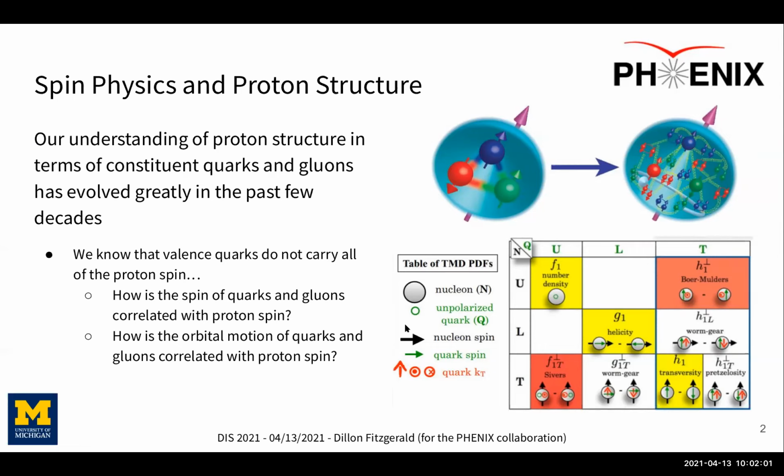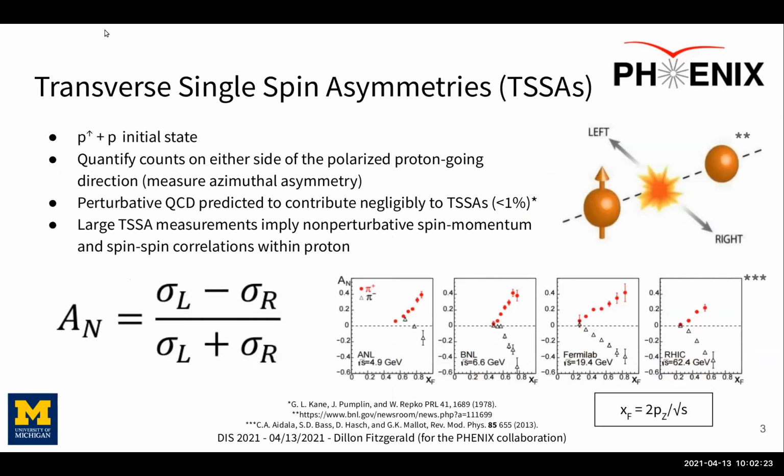And these questions have led to the development of more detailed initial state non-perturbative functions, where extra degrees of freedom, such as the nucleon polarization, quark polarization, or quark transverse momentum are taken into account to help describe some of these correlations. So we're also interested in how to access these spin momentum correlations and spin-spin correlations from data, which we have observables such as transverse single spin asymmetries that are sensitive to such things.